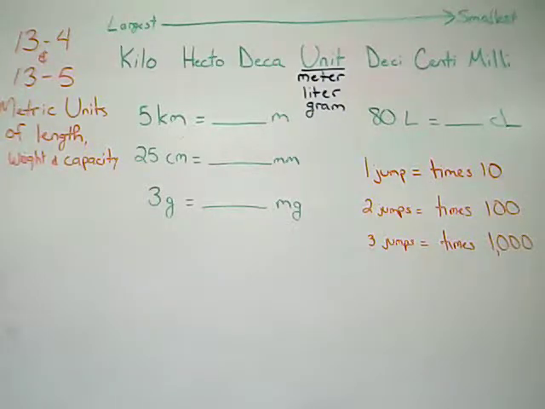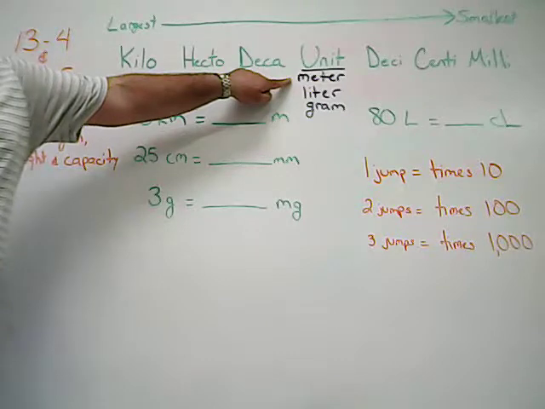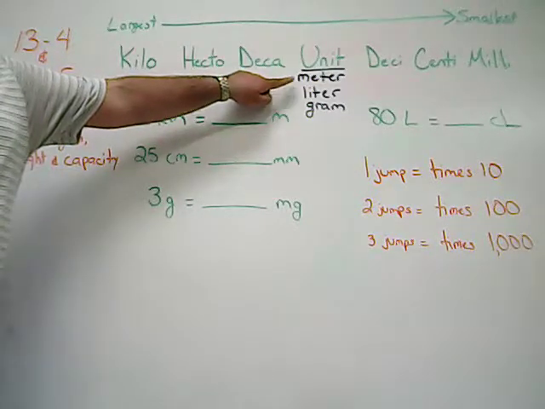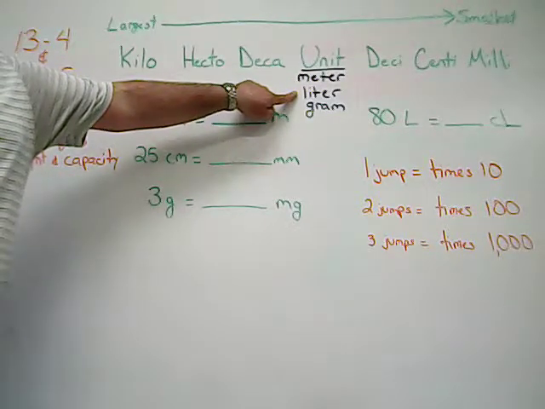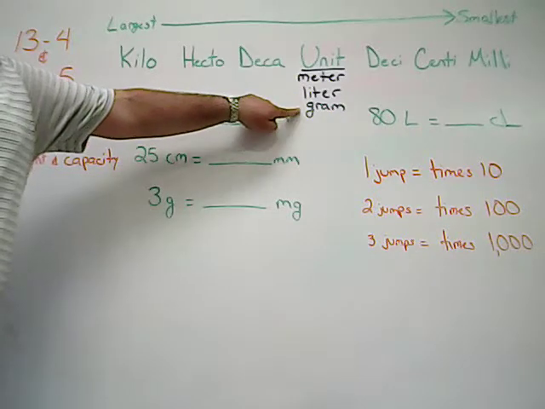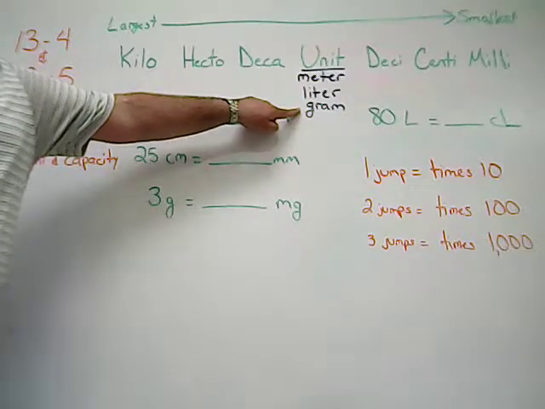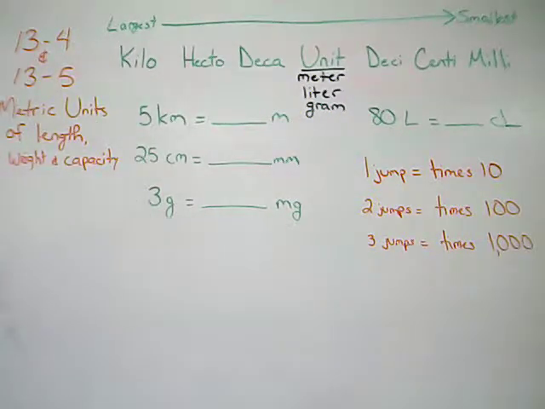They just change the unit name. To measure for length, the unit that the metric system uses is meters. To measure for capacity or liquid, they use liters, and for mass or weight, they use the word gram. They make it very simple, three very easy things to remember.